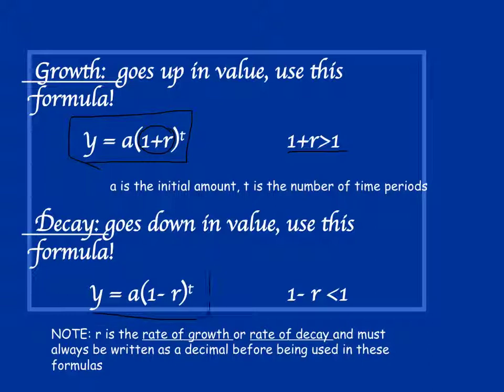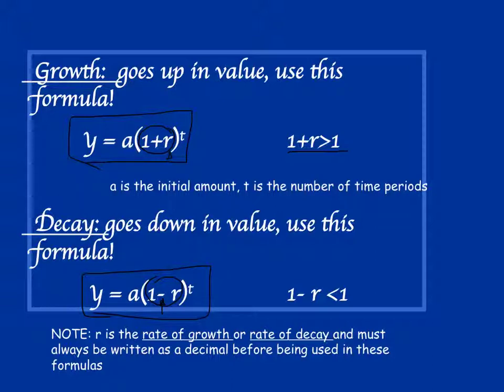Okay, this is the decay formula. Notice that it's pretty much the same thing except it's minus. This is now a minus sign, and this factor here is called the decay factor, and it is less than 1. So if it's less than 1, then it's going to be decaying. If it's greater than 1, it'll be growing.